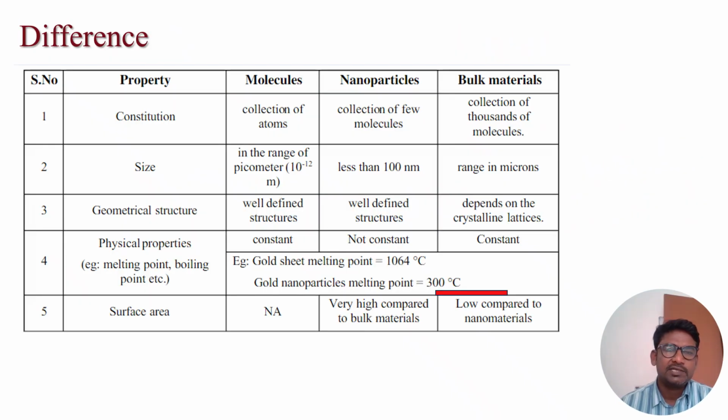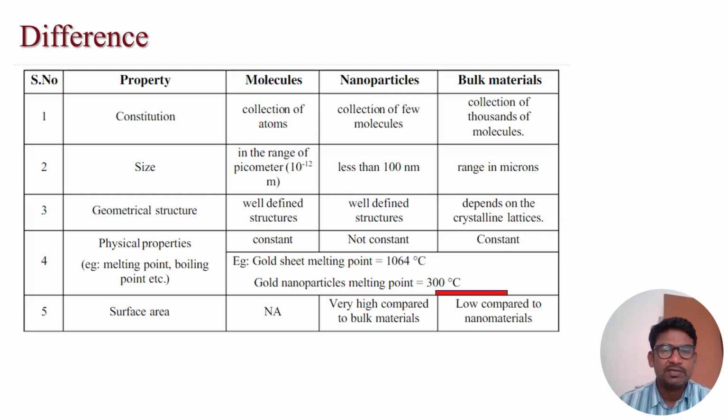Now let us try to understand the difference between molecule, nanoparticles and bulk materials one by one. Say for example, the constitution. Molecules are collection of atoms, while nanoparticles are collection of few molecules. But the bulk materials are collection of thousands of molecules.